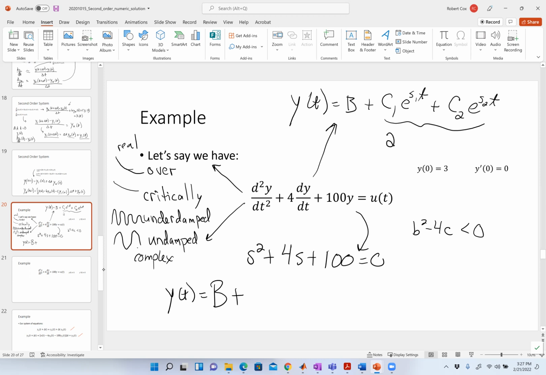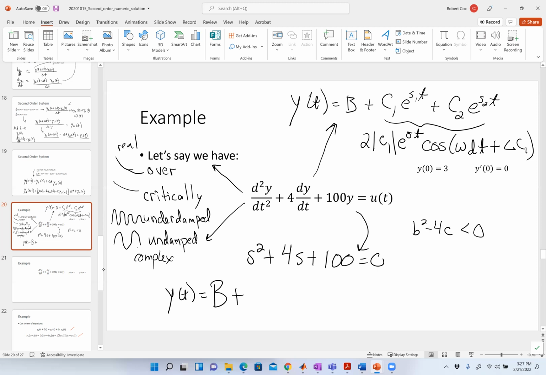In fact, it becomes 2 times the magnitude of whatever C1 is, e to the sigma t times cosine of omega d t plus the angle of C1. Right, so there's a whole process there.